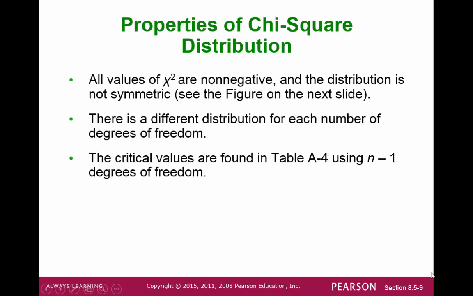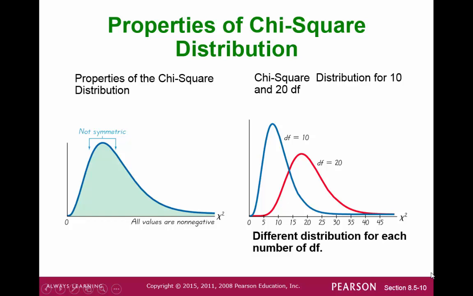Chi-square starts from 0, and it's skewed to the right, and it starts to look a little bit more normal if your degrees of freedom gets larger and larger. But it's not symmetric, unlike the Z or T distributions. Here's some examples of some graphs of a few different degrees of freedom of the chi-square distribution.